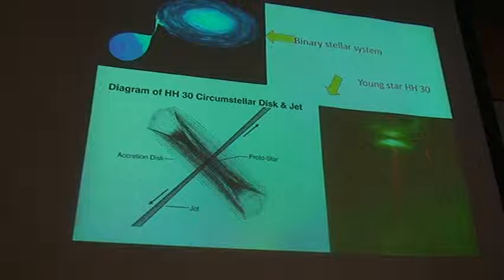These are observations of a young star in the Milky Way, HH30. This is the disk here. The dark shade is the disk itself, and the bright regions are in fact the light of the star reflected from the surface of the disk.